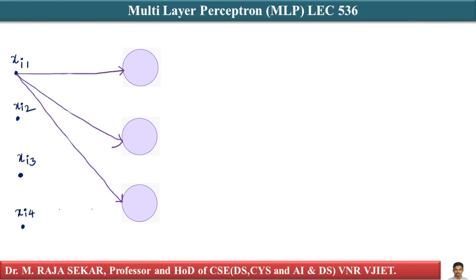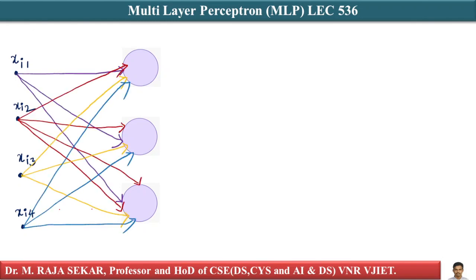All the inputs go to the first neuron. In a similar manner, all the inputs go to the second neuron, and all the inputs go to the third neuron.